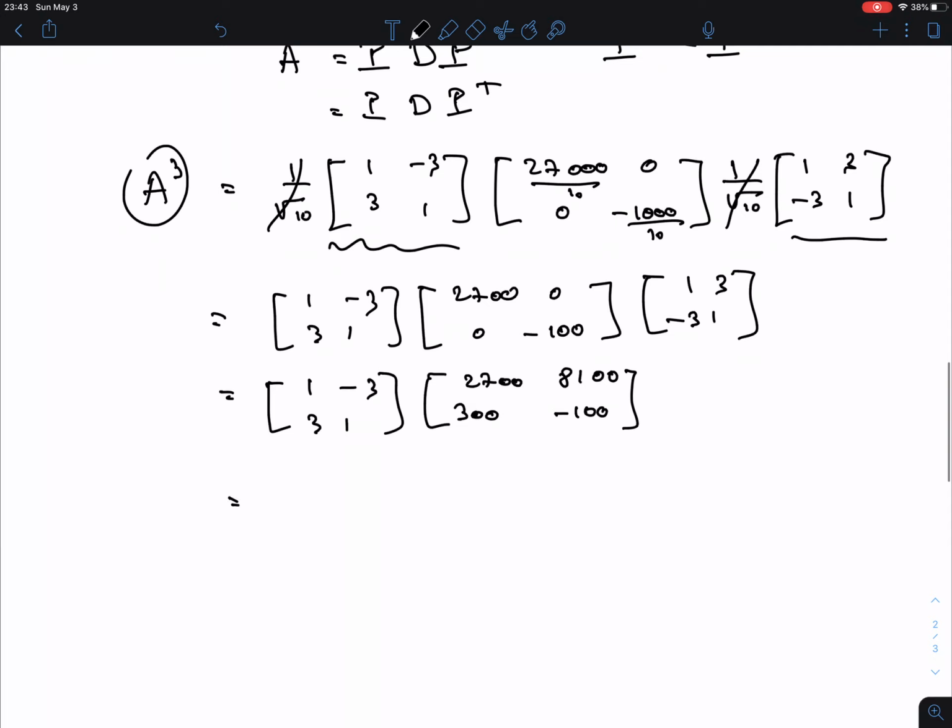Okay, and then finally, now I have to multiply this. The first element is 2,700 minus 900, that is 1,800. The next one is 8,100 plus 300, so 8,400. Then we get 2,700, 8,100 plus 300 is 8,400.